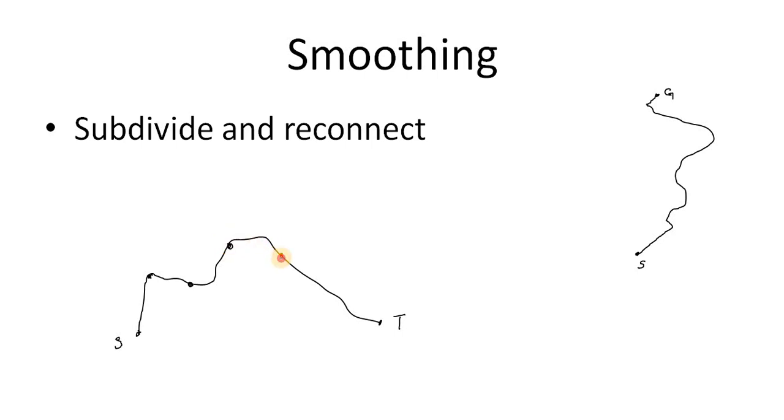So these are the nodes, or you can also call them waypoints within the path, and this is finally the target one.